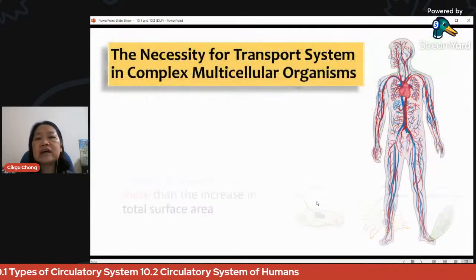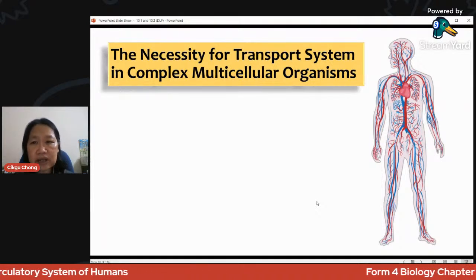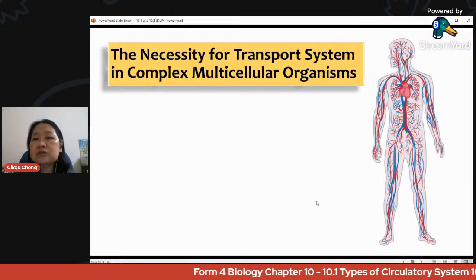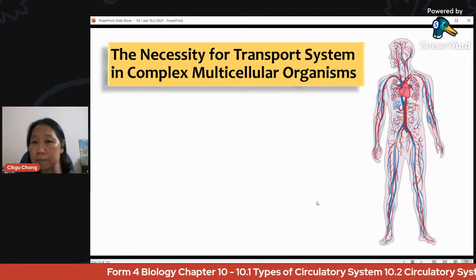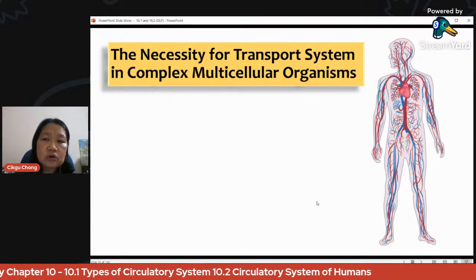All right, so that's why for multicellular organisms like the ladybird, which is still considered multicellular, we need a special system, and that is the blood circulatory system to carry the oxygen to all parts of the body.